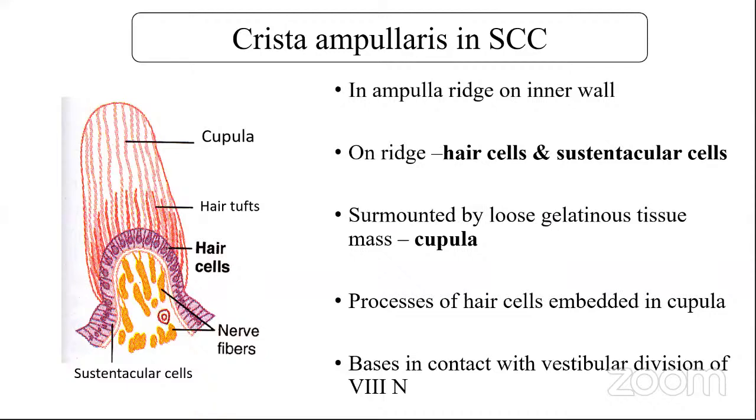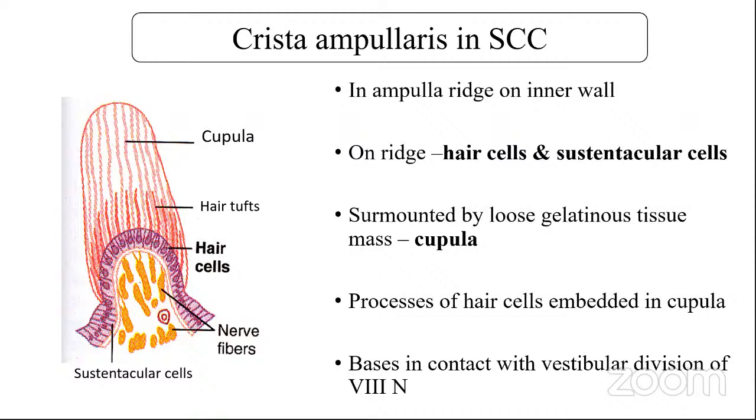So, the hair cells are present on the crista of the ampulla. The ampulla has a ridge, and this ridge has hair cells. The hairs of the hair cells are surrounded by a loose gelatinous tissue mass known as the cupula.